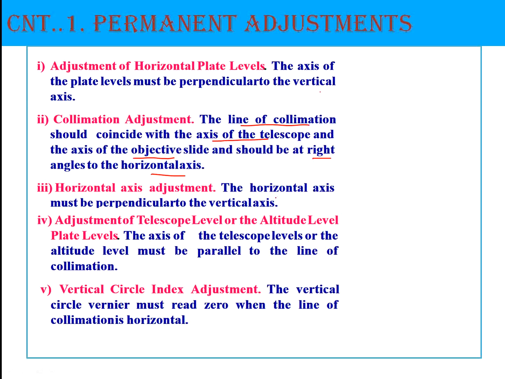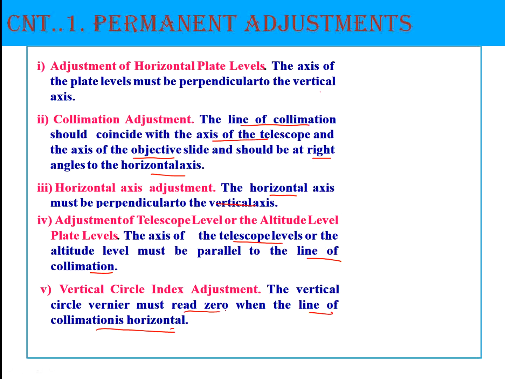Now the horizontal axis must be again perpendicular to the vertical axis, and the axis of the telescope level or altitude level bubble must be parallel to the line of collimation. Then the last one: the vertical circle vernier must read exactly 0 when our line of sight or line of collimation is horizontal.